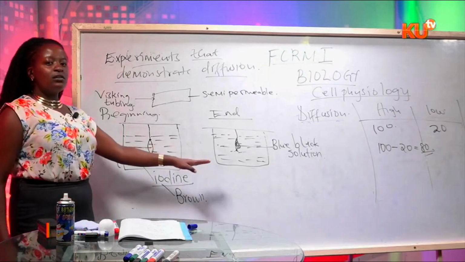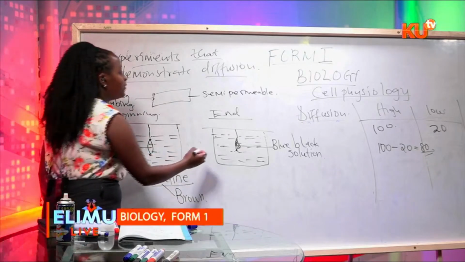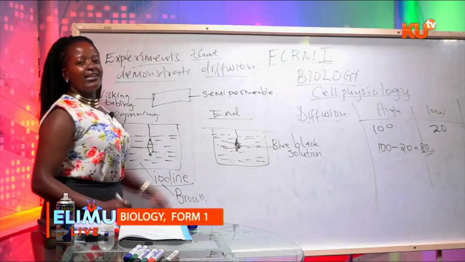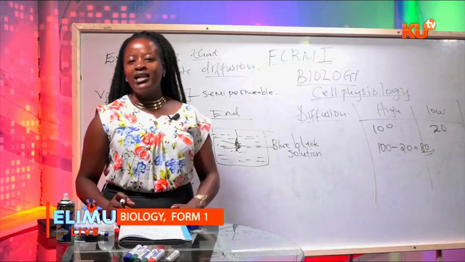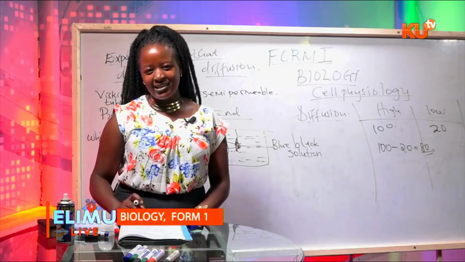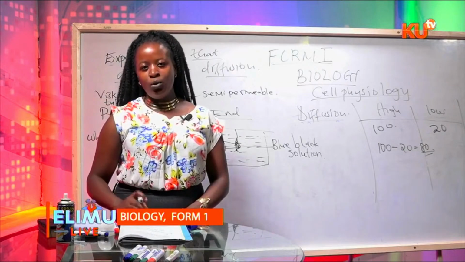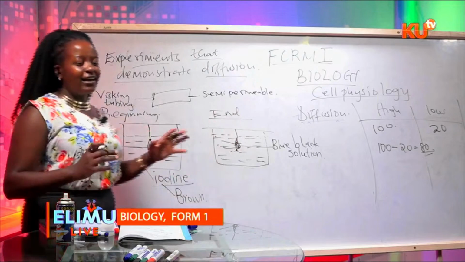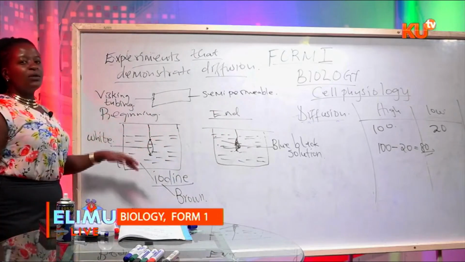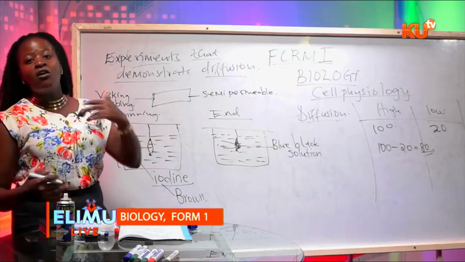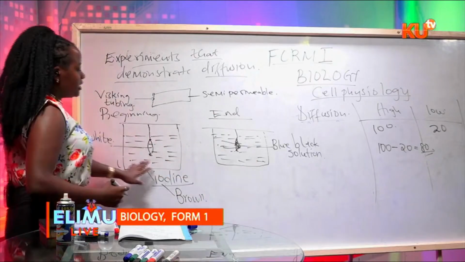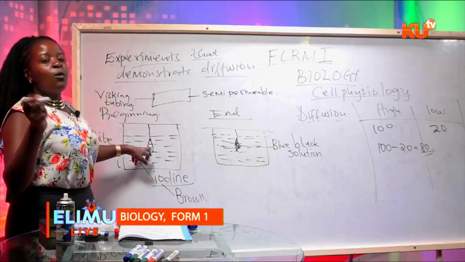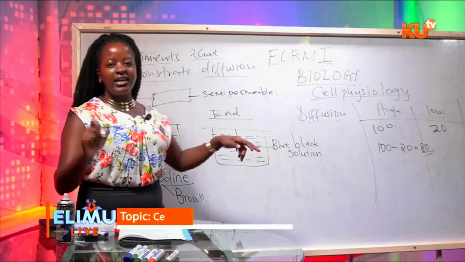So the molecules of iodine will diffuse into the starch solution, and this iodine will react with the starch to form a blue-black solution. The iodine molecules are greater in the beaker, so they will move from their region of high concentration, which is in the beaker, inside the Viskin tubing where the starch solution is.